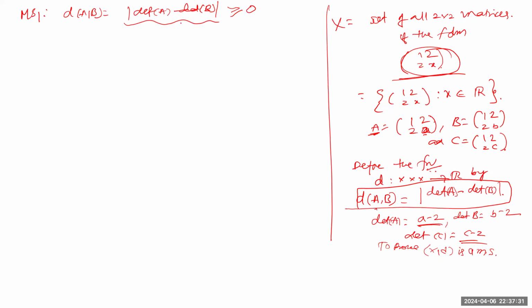The difference of real numbers is a real number. Modulus value is always non-negative, so that is greater than or equal to 0. So the first axiom is obvious.